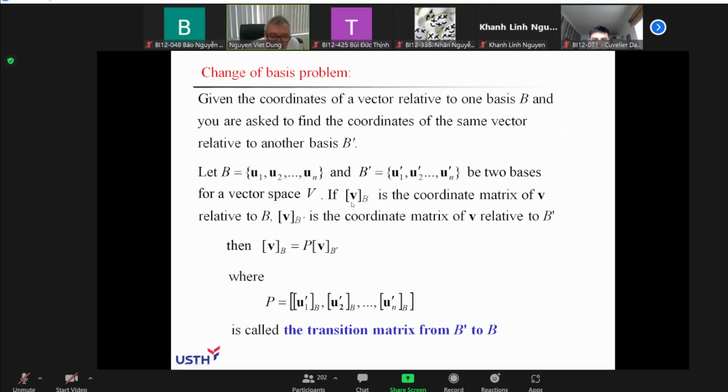Then those coordinate columns are related to each other by that formula: [v]_B equals P multiplied by [v]_B'.